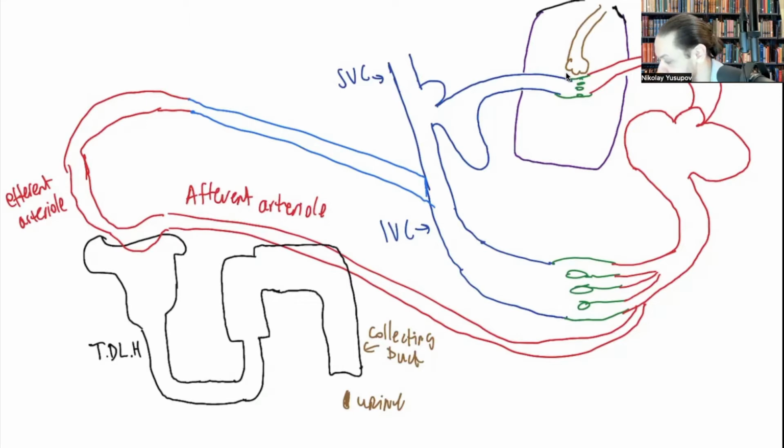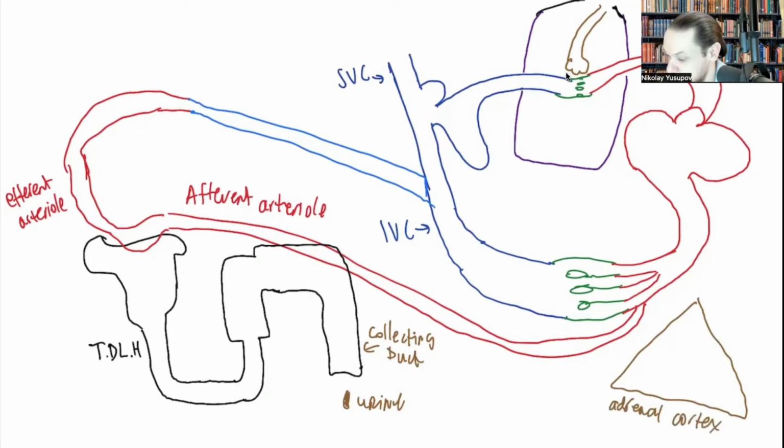I'll draw the adrenal cortex on the side here. And we're also going to need the liver. Liver is very important. We're going to secrete something. Draw liver here. Actually, let me take a different color. Make liver in here.